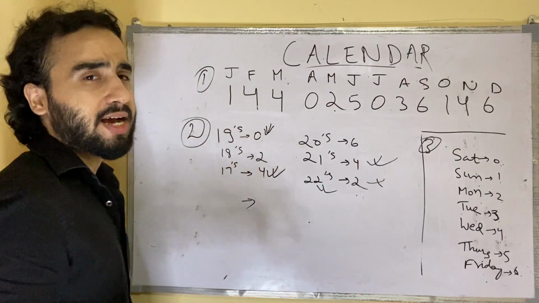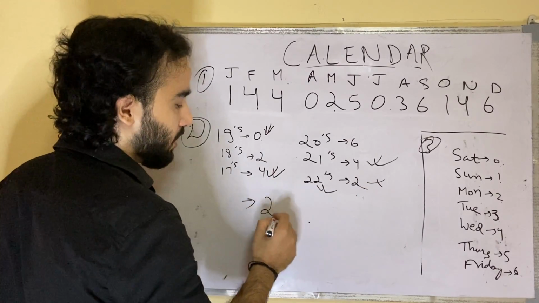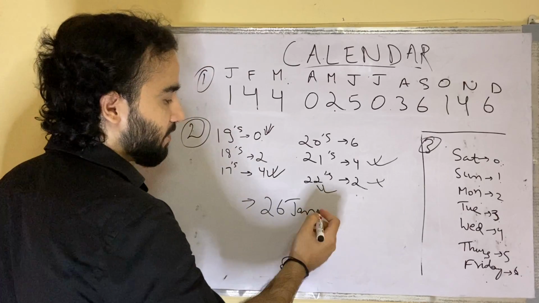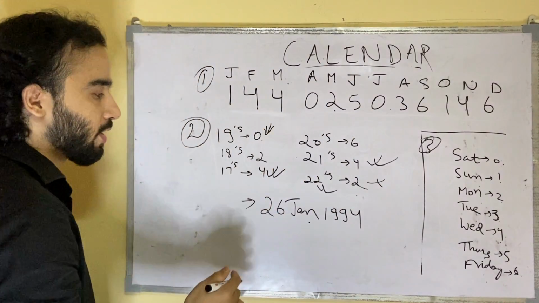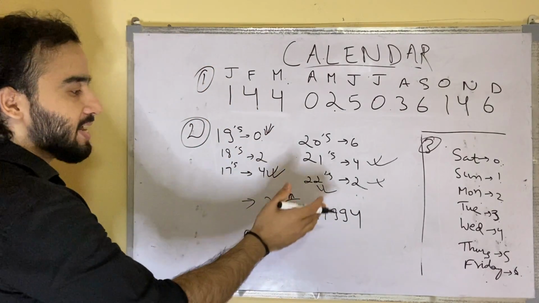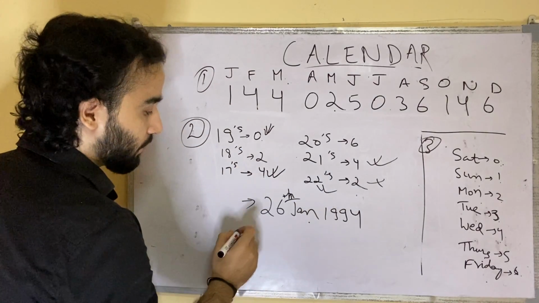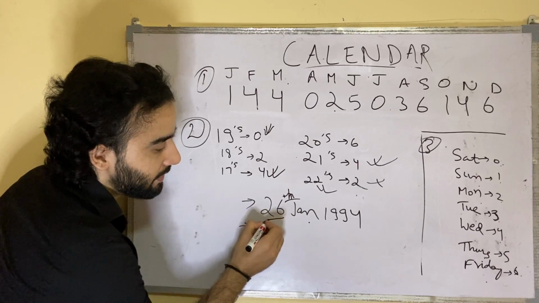Let's take any date, for example 26 January 1994. You have to find out the day for this date. What are you going to do? First of all, you put the date, this 26.